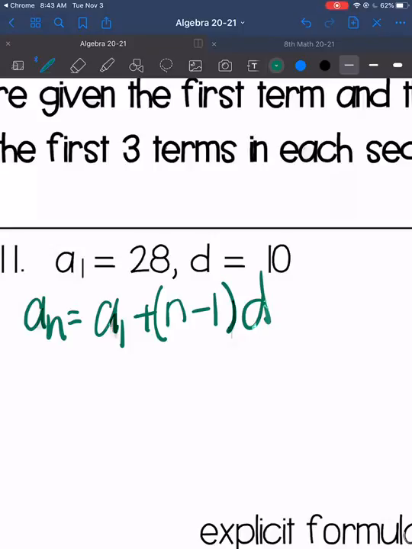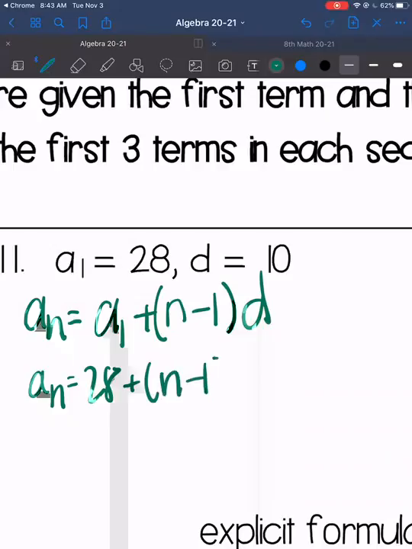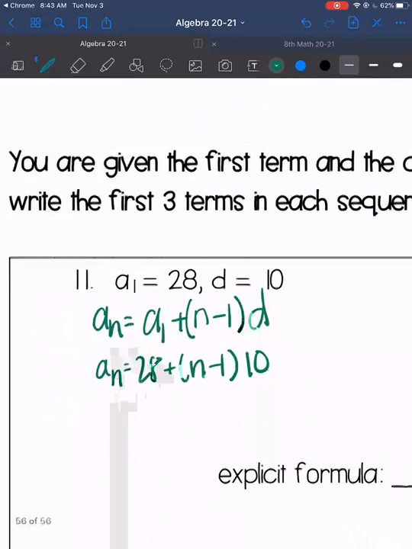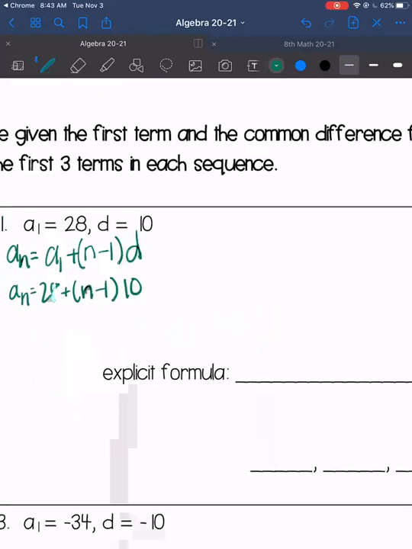So what's A1 then? It's 28 plus, we don't know what our n is, times 10, right? So our explicit formula is A sub n equals 28 plus n minus 1 times 10.